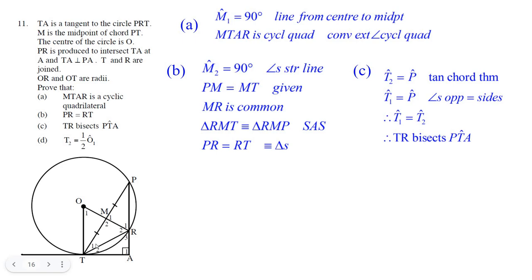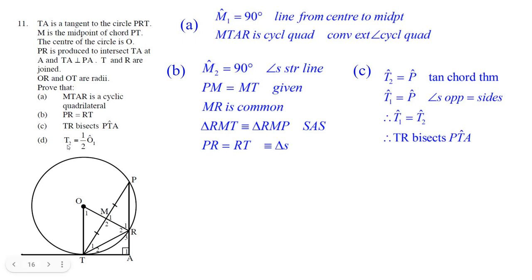But T1 is equal to angle P because we know these sides are the same, right? So therefore the angles are the same. Well, if that's true, then T1 equals T2, and that's what we were supposed to prove, that TR cuts them into two equal pieces, bisects them.